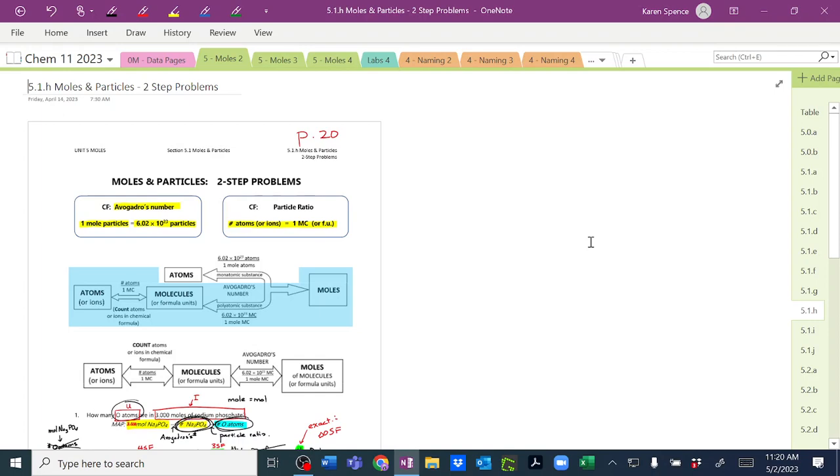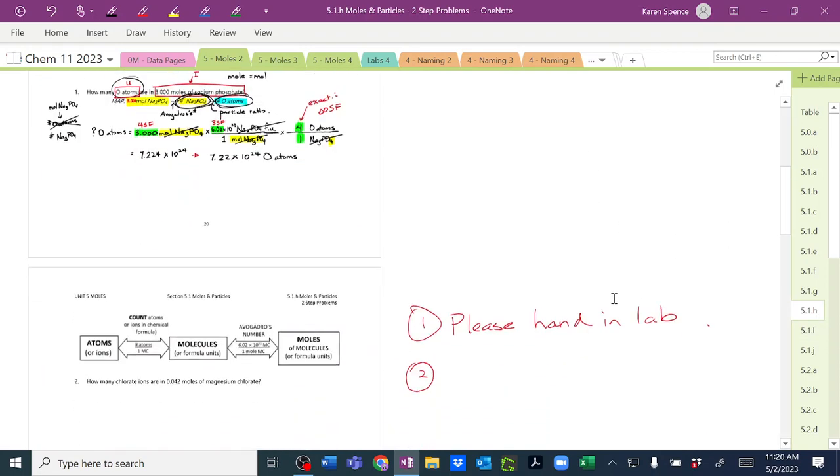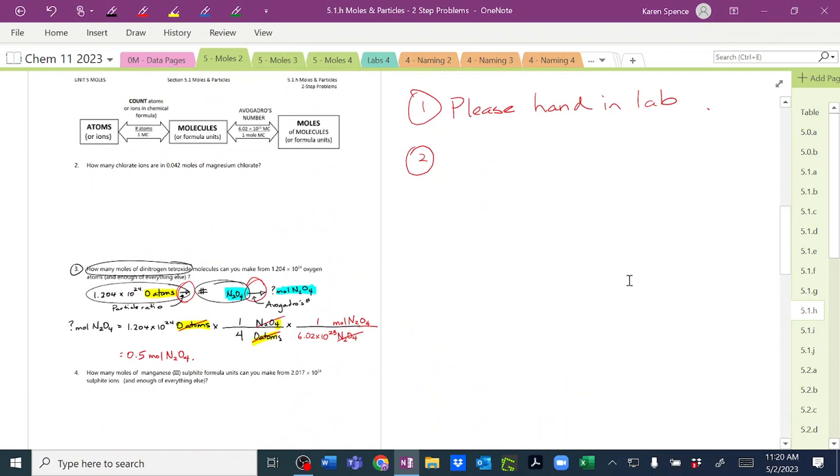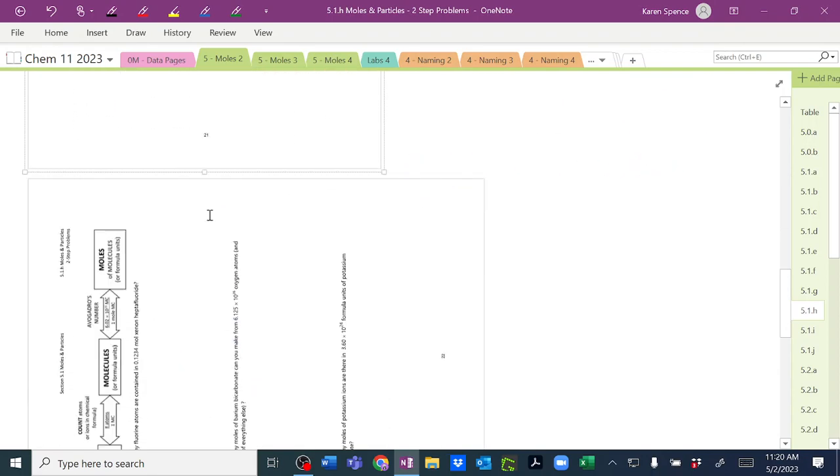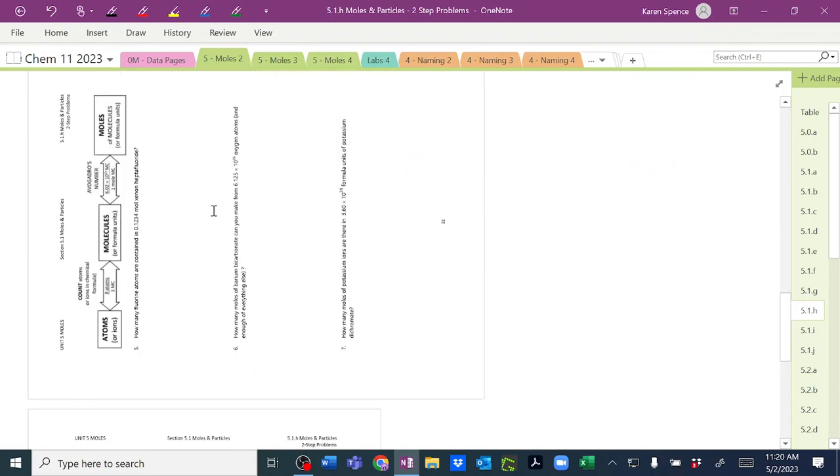This is not on the test, so I'm not going to give you too many questions from here, because the rest of your homework is going to be study for your test. Page 21 to 22, number 2 to 6. So that is pages 21, 22.